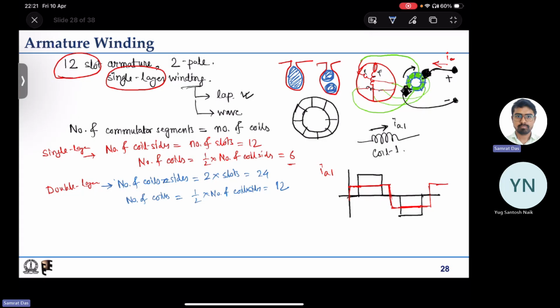Now next we will have to decide the number of brushes, that is how many brushes we have to put.